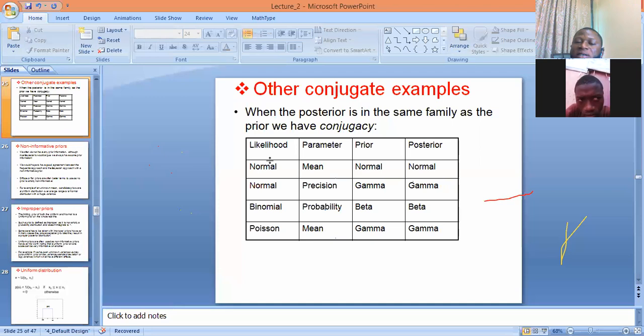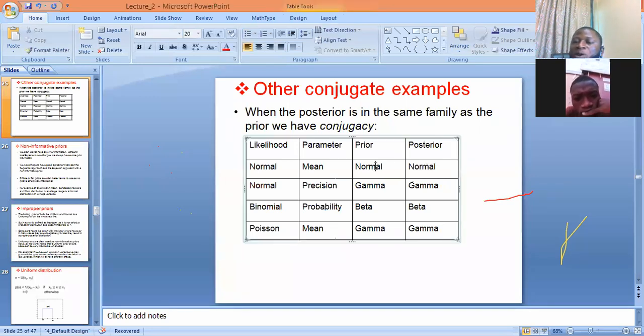So for instance, if the data likelihood is normally distributed, and the parameter we are interested in is the mean, then if we use a normal prior distribution, the resulting posterior distribution is also going to be normal. So this prior, we call it a conjugate prior.